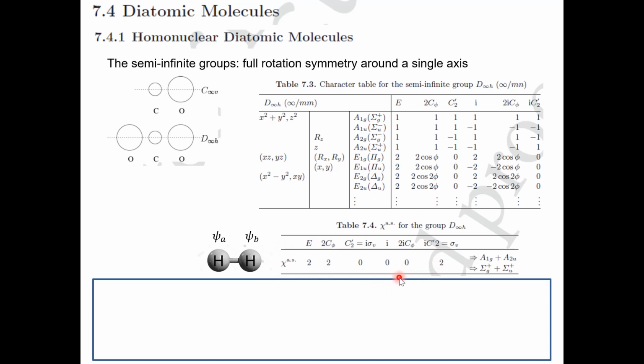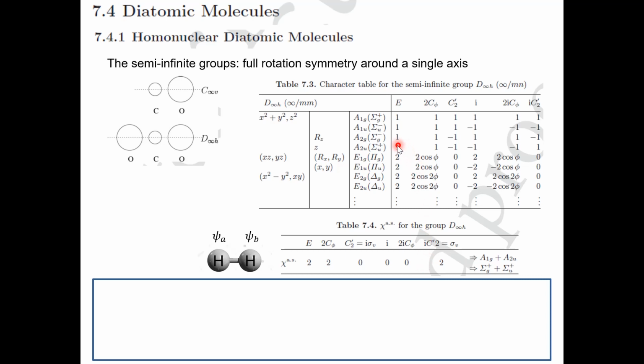So these are the characters of the equivalence representation, and again I can write immediately, I can notice that this representation is the sum of A1g and A2u. In this other notation I can also call them sigma g plus, sigma u plus. G and u meaning even and odd under inversion.